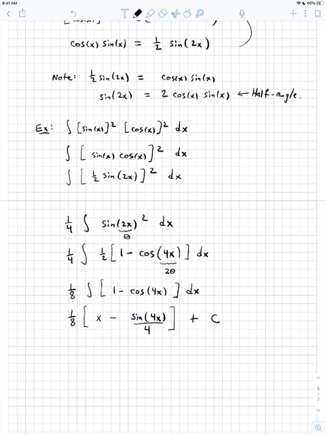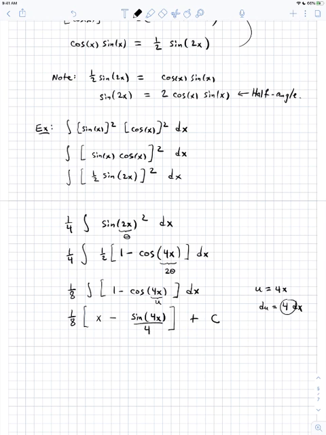If you prefer, you can think of doing this with the substitution, and you let u be equal to 4x, and then du is 4 dx. So you would need to put a 4 right in front of there, and if you do that, you have to divide by 4, and that's where that 4 comes from.